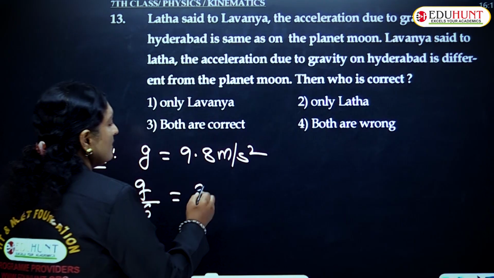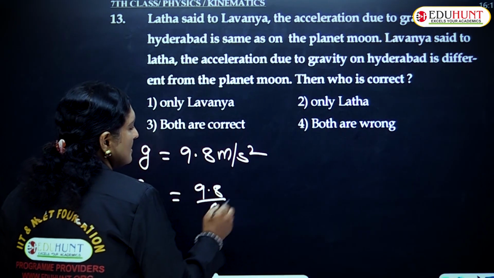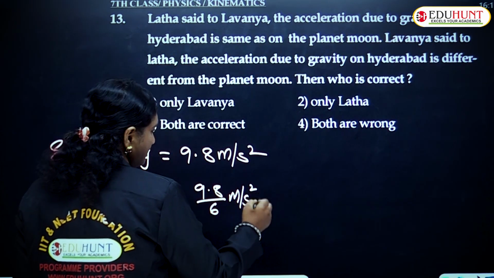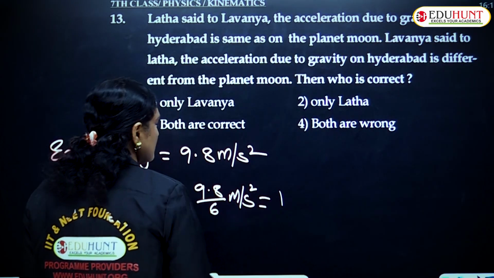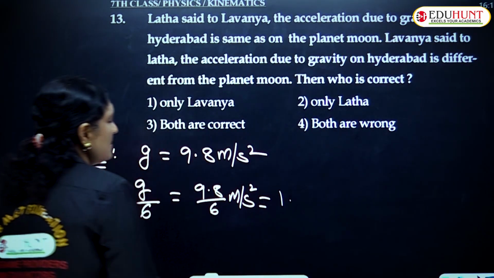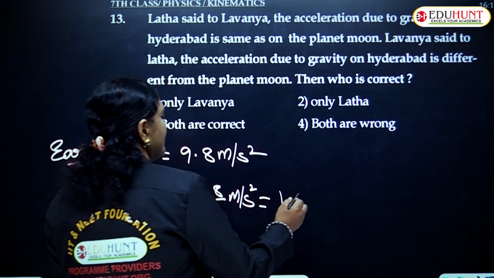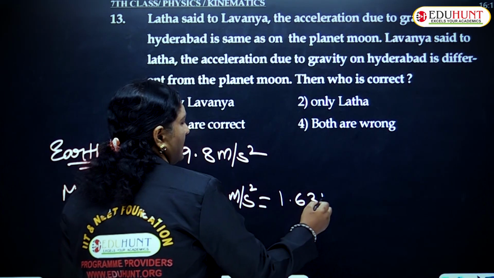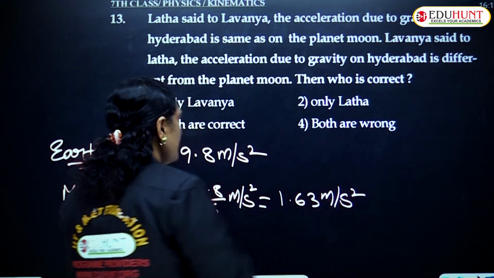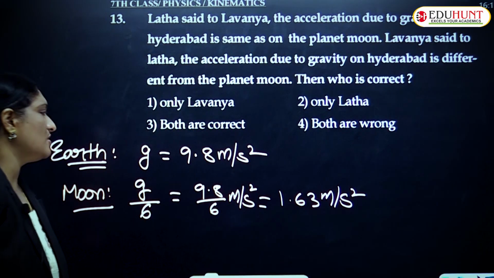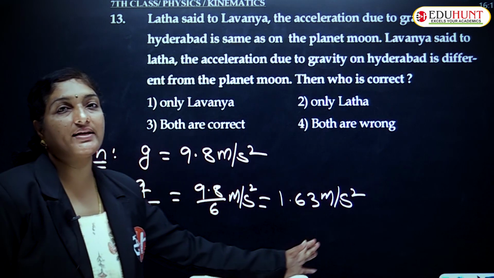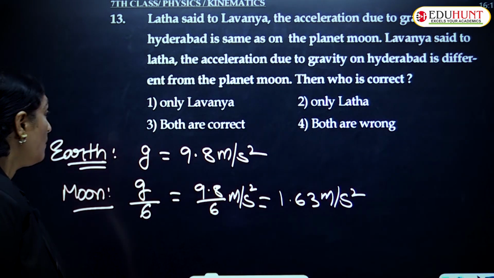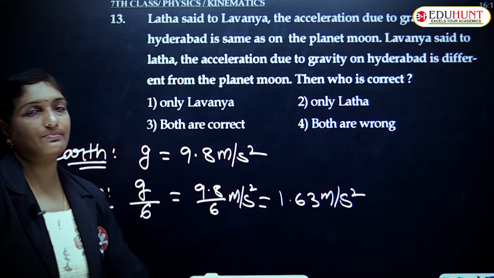That is 9.8 by 6 meter per second square. So how much would this be? 1.6, 3, something like this. So the acceleration due to gravity on the surface of the moon is something like 1.63 meter per second square, whereas on the earth it is 9.8 meter per second square.